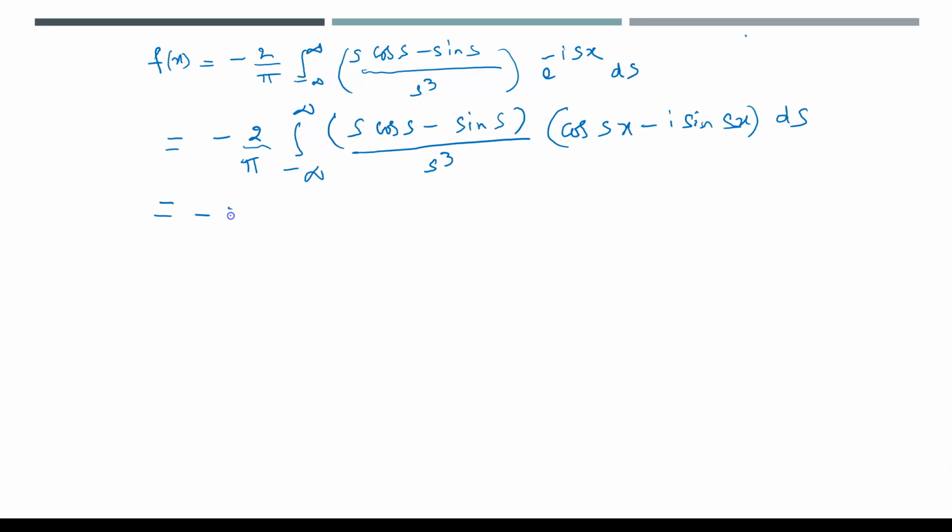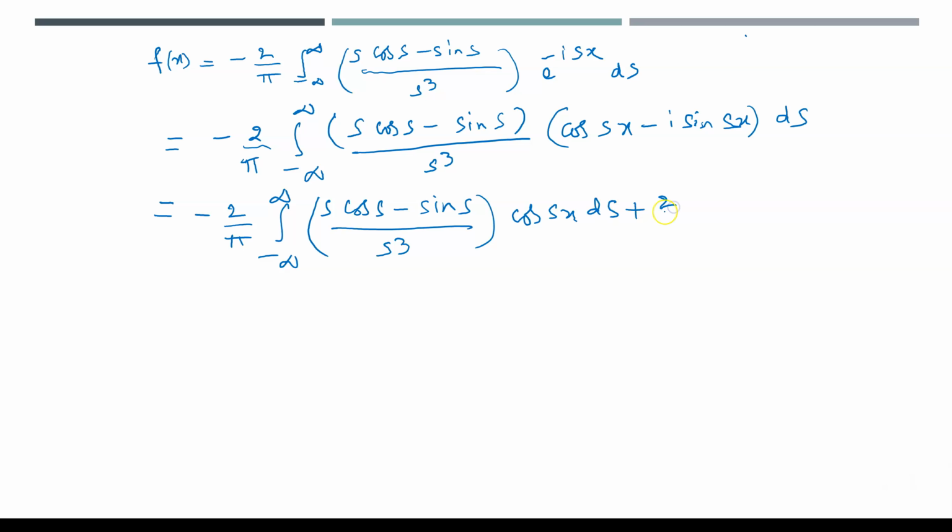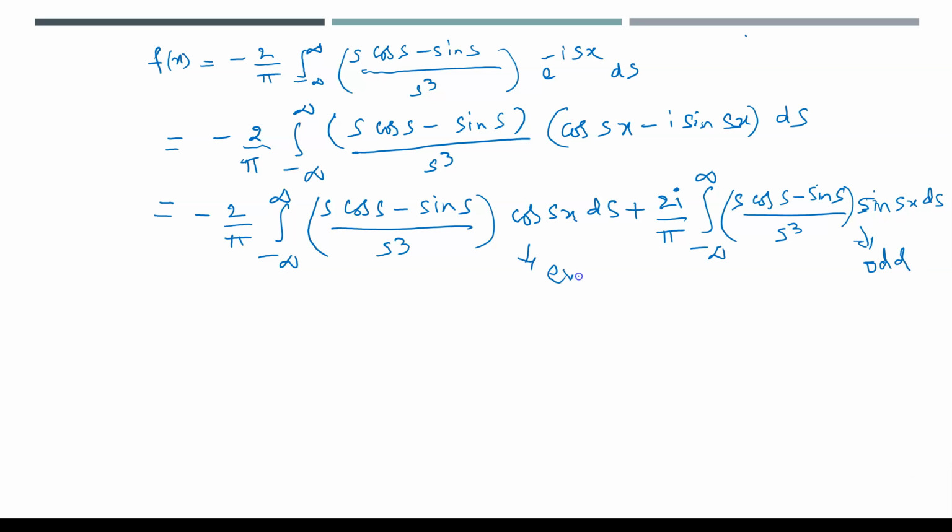Now you can write this integral as minus 2 by pi integral minus infinity to infinity s cos s minus sin s upon s cube into cos sx ds plus 2i by pi integral minus infinity to infinity s cos s minus sin s upon s cube into sin sx ds. Here this is an even function and this is an odd function.